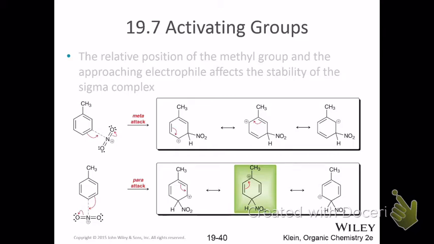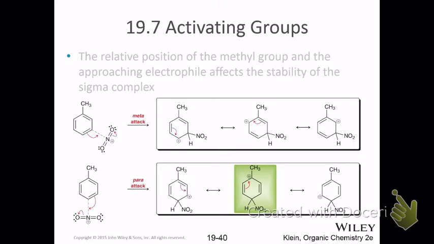And then if you do para, I feel like I'm yelling. Try to be relaxed. But if you do para, what happens? Well, it attacks the para position, first resonance structure. Either way, right? If you attack para here, either way, you get a positive charge at the tertiary position.